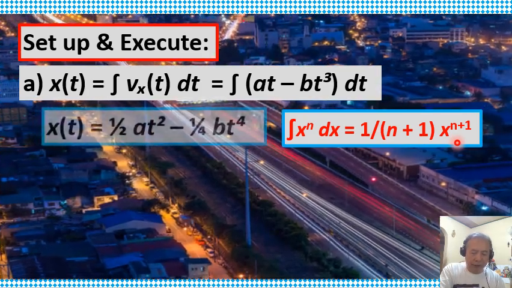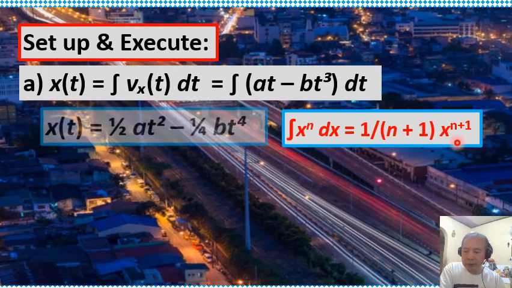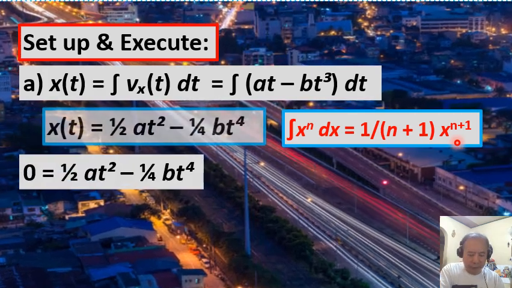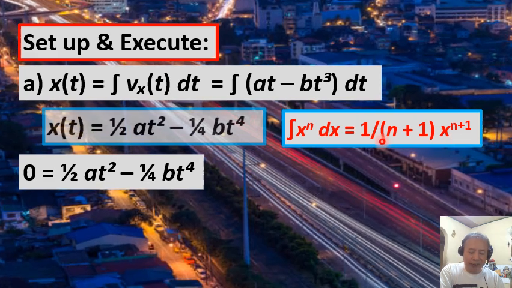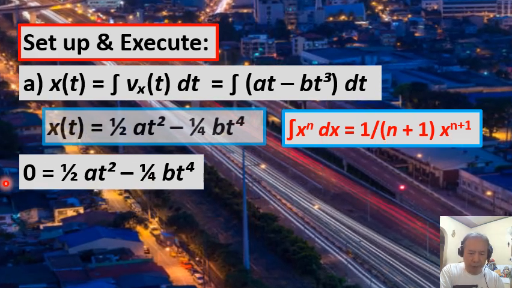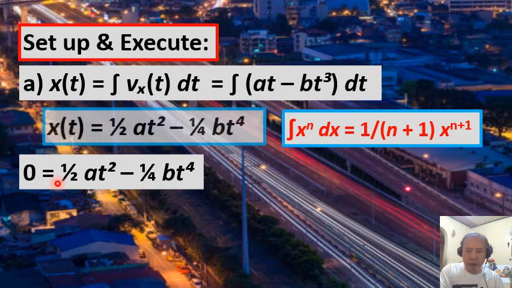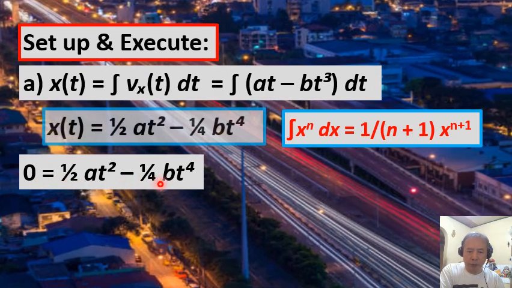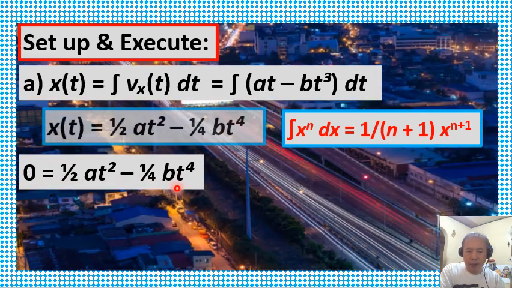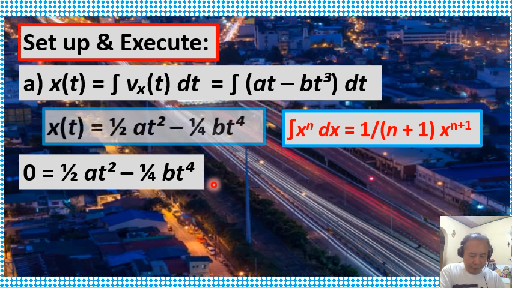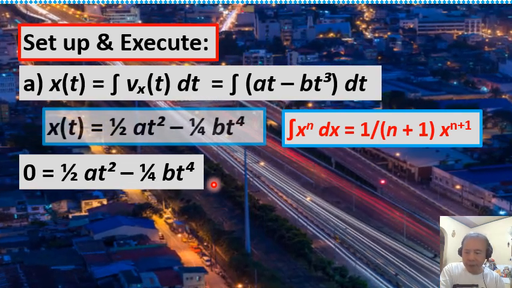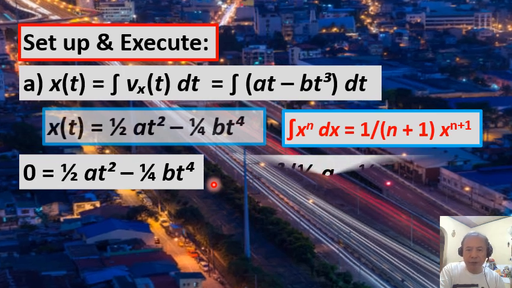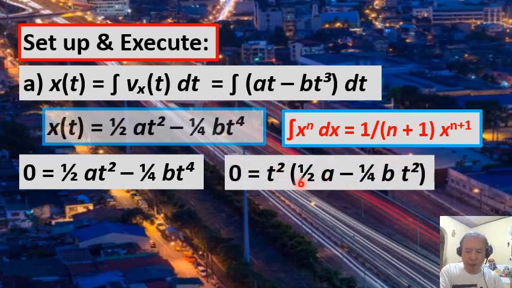We then solve for the time t when this position x is set to 0. Well, 0 is equal to 1/2 a t squared minus 1/4 times b times t to the fourth. And then we first factor out t squared.